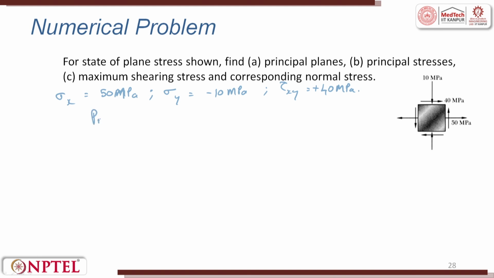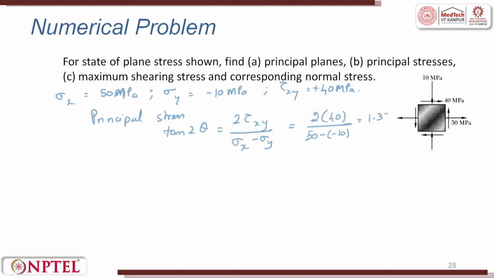So, to find the principal stress, we try to do tan 2 phi p. Tan 2 phi p is equal to 2 tau xy by sigma x minus sigma y, which is nothing but 2 times 40 over 50 minus of minus 10, which is 1.33, right.